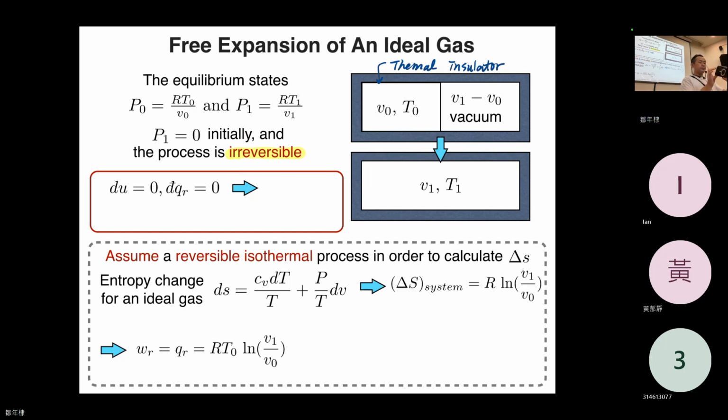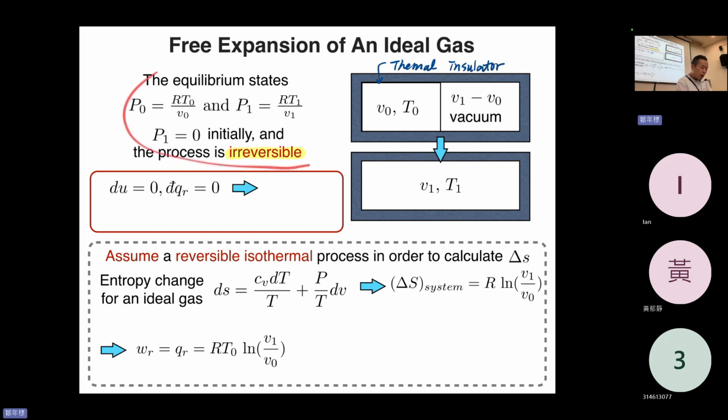Can we assume a reversible isothermal process? We can determine the delta S in this case. If the reversible isothermal process has the same final and initial conditions as this one, we can determine delta S, because S is a state function, independent of the path.